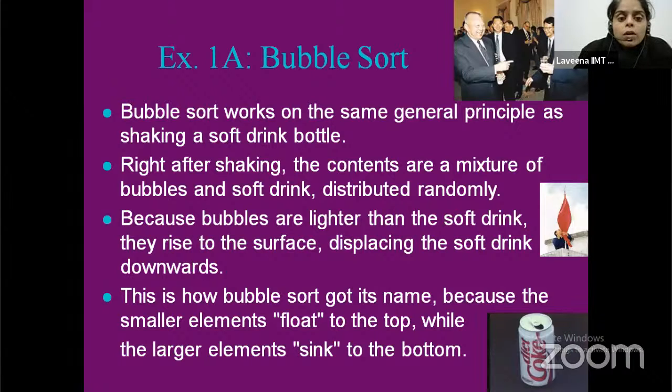Basically, bubble sort works on the same general principle as shaking a soft drink bottle. Right after shaking, a mixture of bubbles and soft drink is distributed randomly. As the bubbles are lighter, they rise to the surface, displacing the soft drink downwards. This is how bubble sort got its name, because its smaller elements float at the top and the largest elements sink to the bottom.